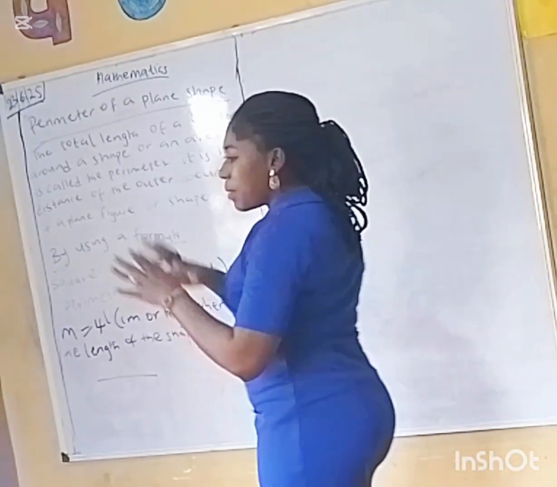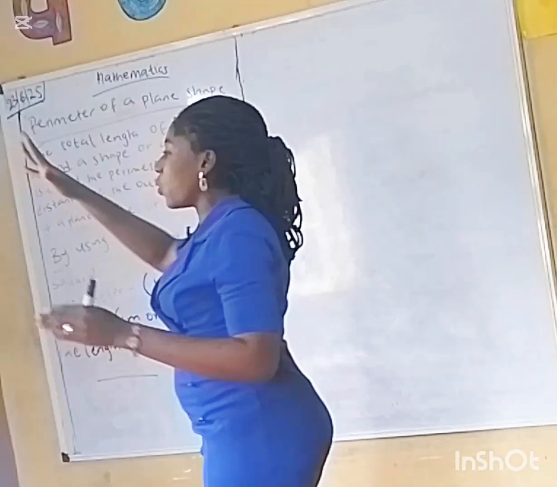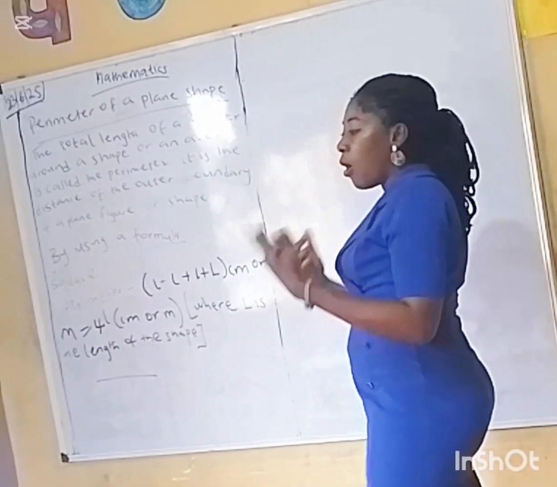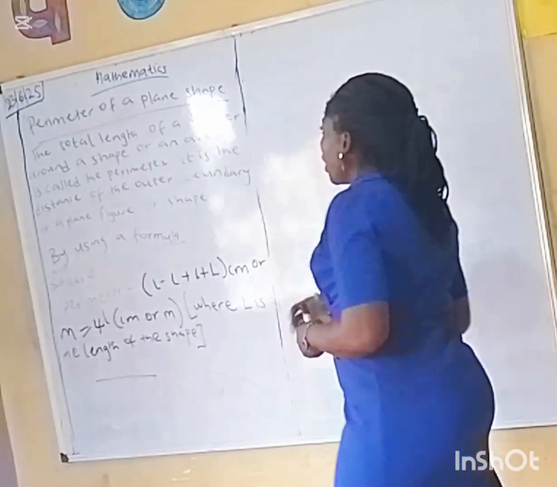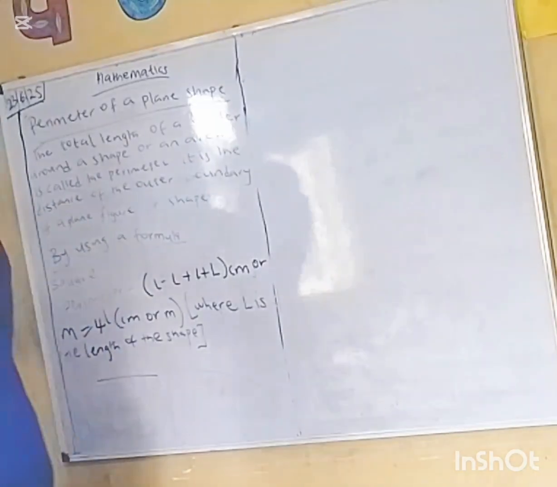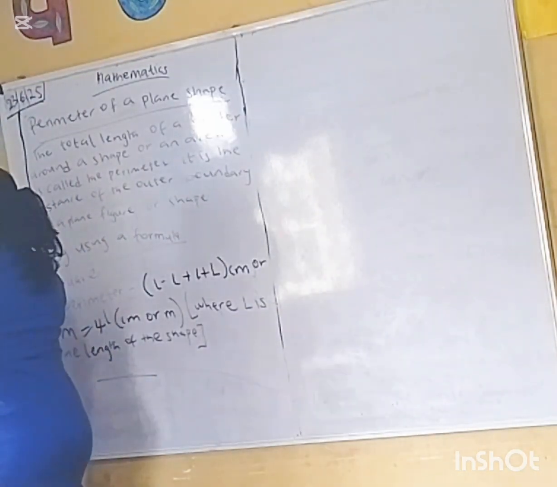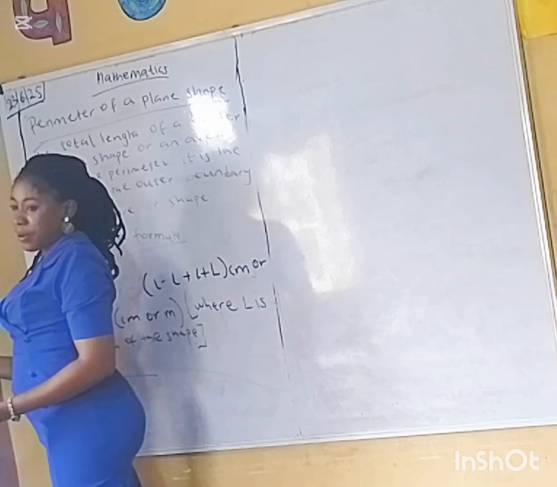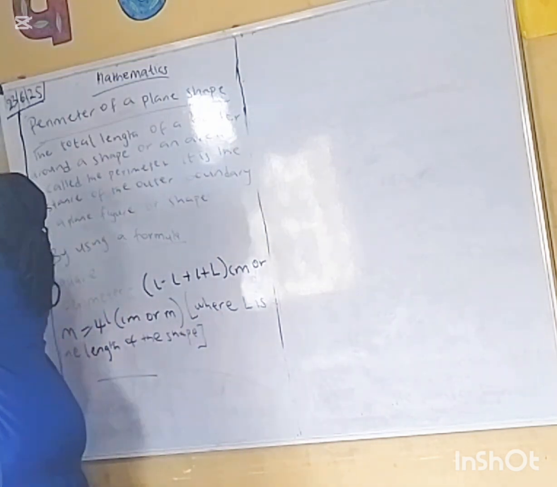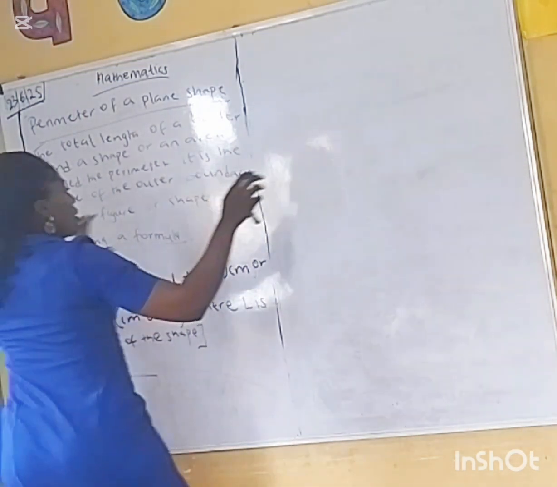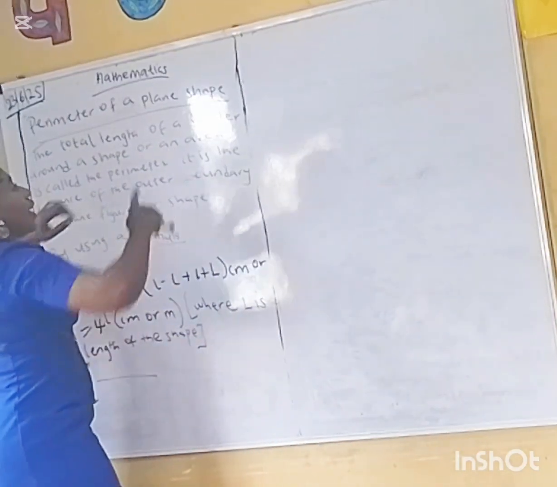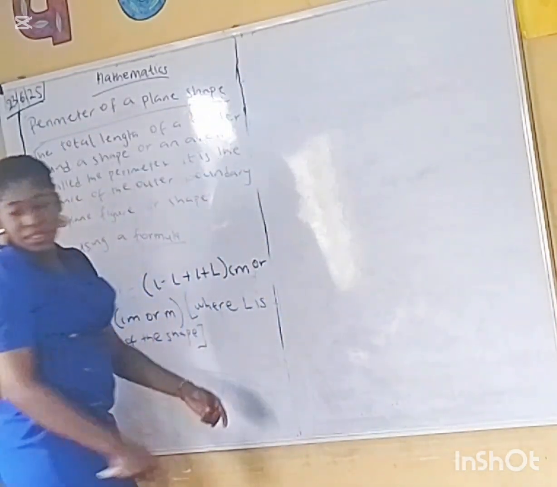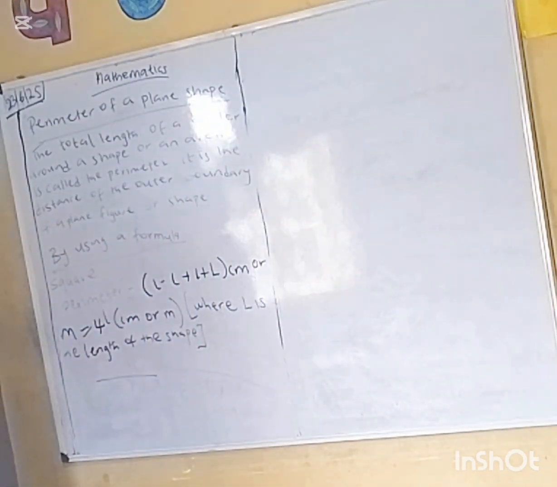When we talk about perimeter, if you are asked to solve the perimeter of a shape, look this way. This calendar, what shape is this? It's a rectangle, right? Let's use this board. This white marker, what shape is this? Is this a square? No, a rectangle, because from last week we saw some properties of a square.